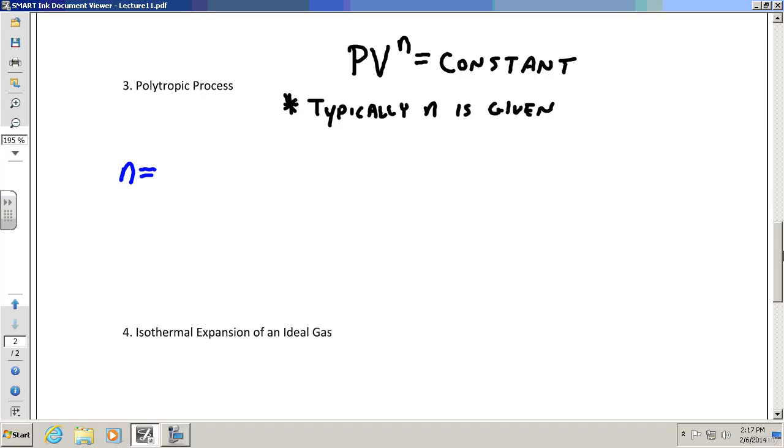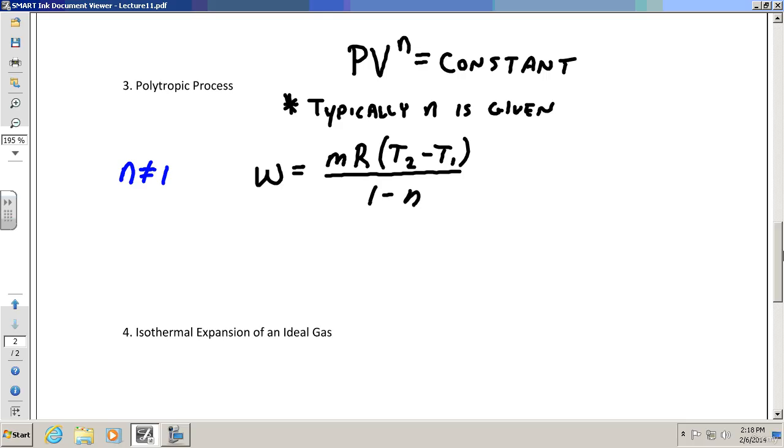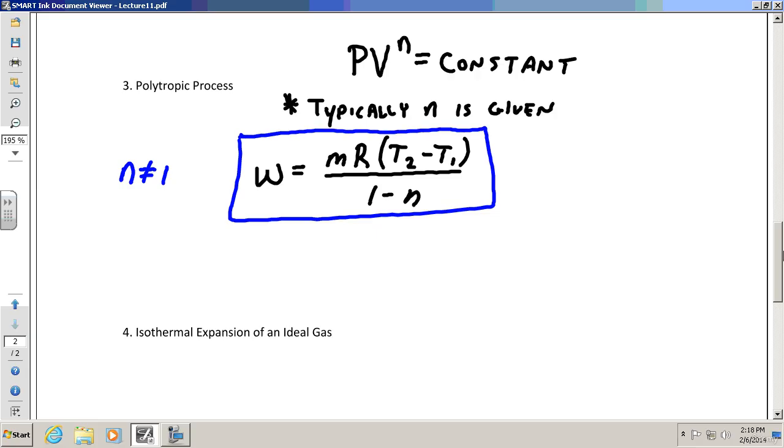One where n is not equal to 1. When n is not equal to 1, you get the following thermodynamic work relationship. Work is equal to mass times R, the gas constant, times T2 minus T1, divided by 1 minus n. And you can tell why n cannot be equal to 1 in that equation.